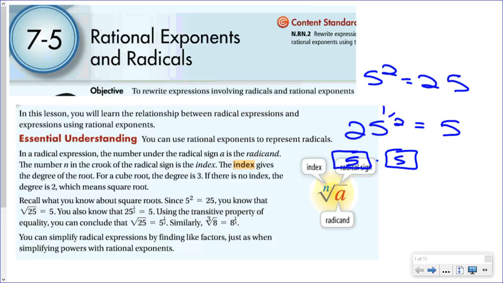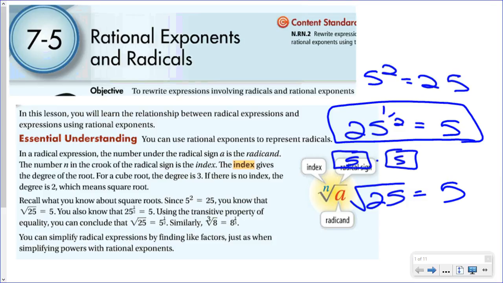Also, you've seen before that if you take the square root of 25, you'd ask what times what gives you 25, and that answer is 5 as well. So if you compare these two things, they both give you an answer of 5, right? So they must be related somehow. The square root of 25 has an index number of 2 right here.